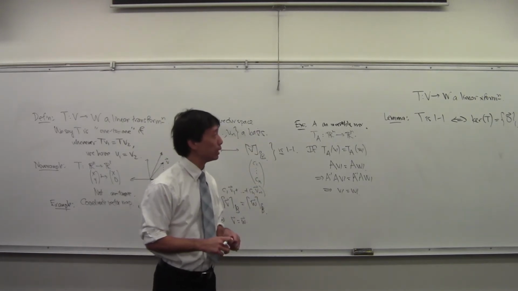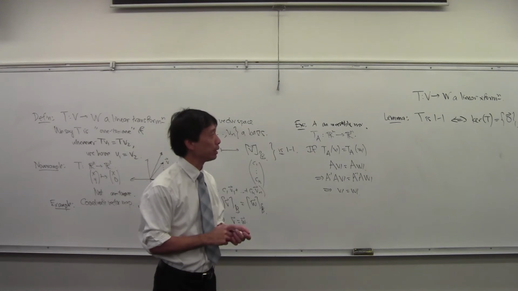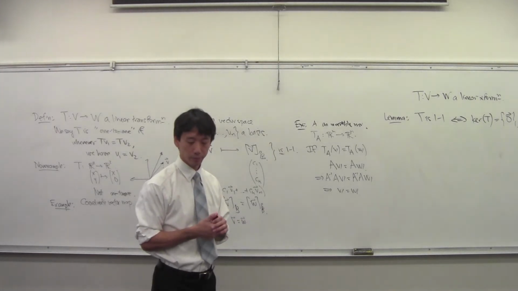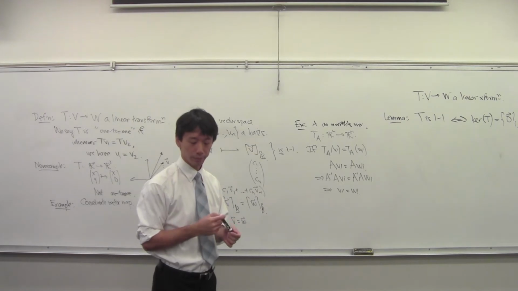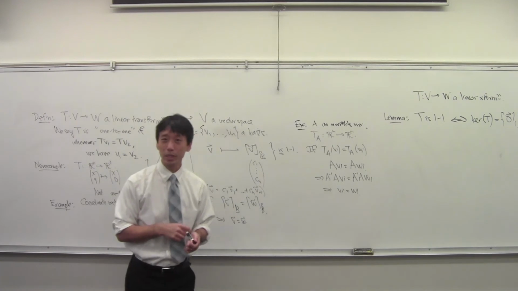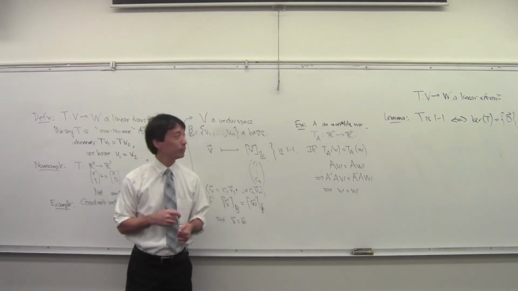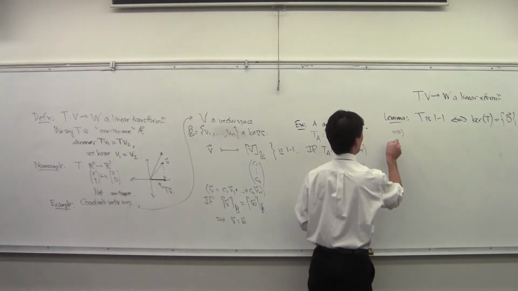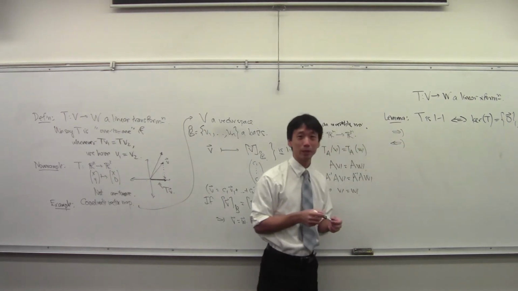T is 1 to 1 if and only if the kernel of T is the 0 vector. Okay, so take a minute and see if you can prove either the forwards direction or the backwards direction or both of them.